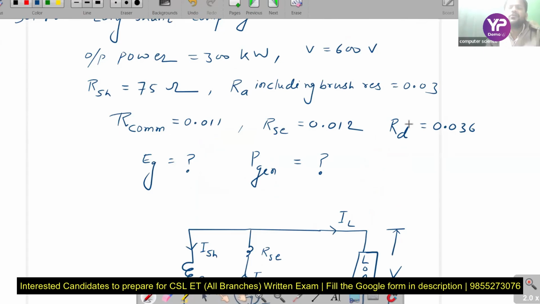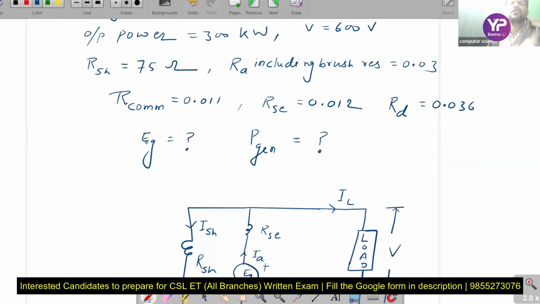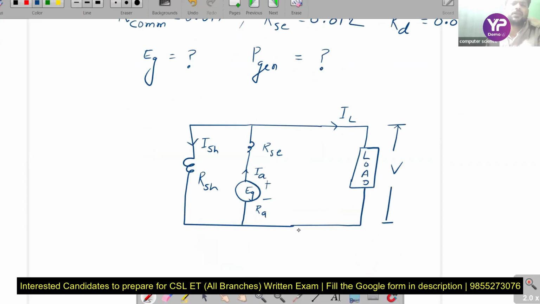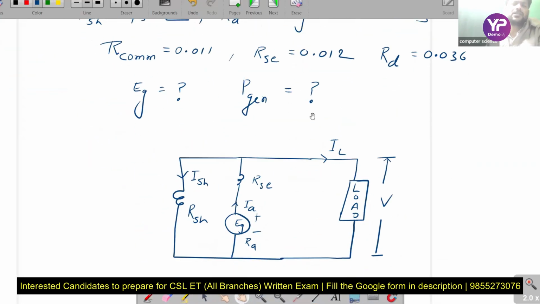In a DC machine, we need commutating field winding resistance to counter the armature reaction effect, and this resistance is connected in series with the armature. If commutating field winding resistance is not mentioned, then the simple electric circuit of a long shunt compound generator is this.